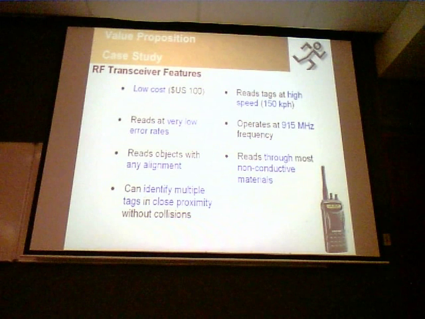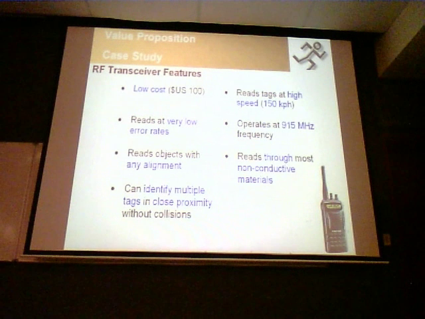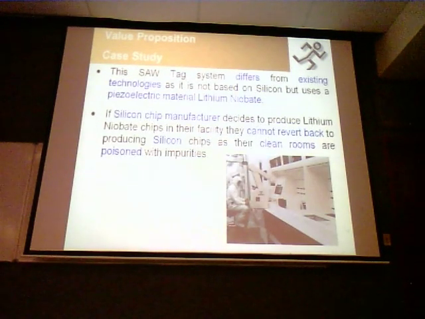They could be in a plastic bag all jumbled up, and you'd still have very low error rates. You could read them in close proximity, they didn't have to be aligned, and you could read them through non-conductive materials. If it was through metal, you couldn't read it. So that's the product.